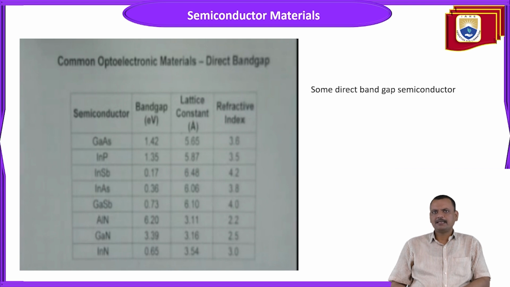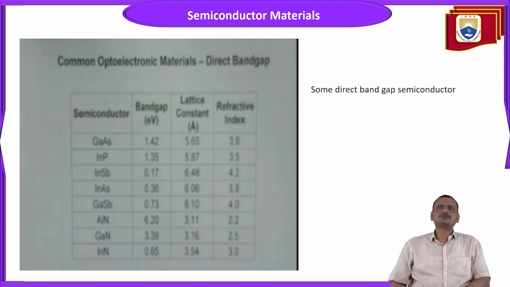Once the lattice constant is high, generally the band gap value is less. Like indium phosphide, the lattice constant value is 5.87, so the band gap value is 1.35. Indium antimonide has a lattice constant value of 6.48, and its band gap value is 0.171.